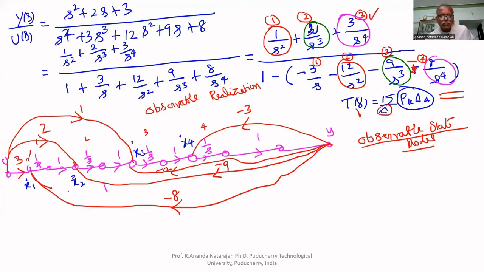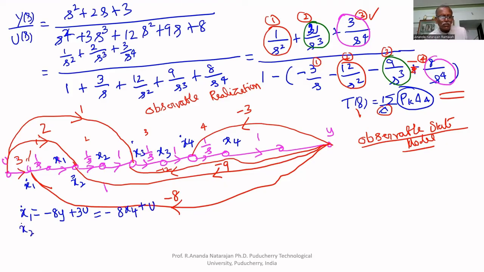Therefore, x1 dot equals minus 8 times y plus 3 times u. x4 dot means after the integrator it is x4; x3 dot means after the integrator it is x3; x2 dot means after the integrator it is x2; x1 dot means after integration it is x1. The input to y is only x4. Therefore, this y can be replaced by x4. Therefore, x1 dot equals minus 8 x4 plus 3u.